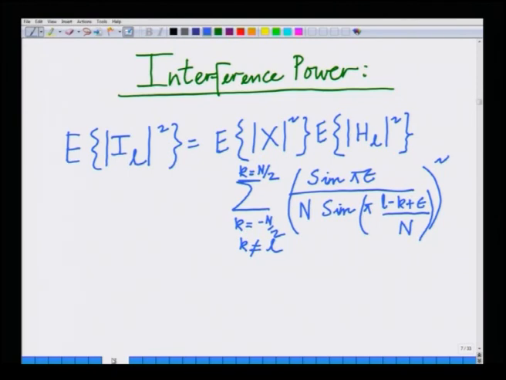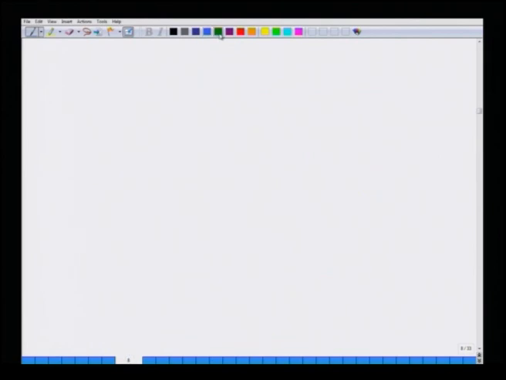So, as the first step to simplify this, I am going to set k minus l equals u, just a simple substitution, and also assume N tends to infinity, that is the number of subcarriers N is very large, and hence this expression can be simplified as follows.